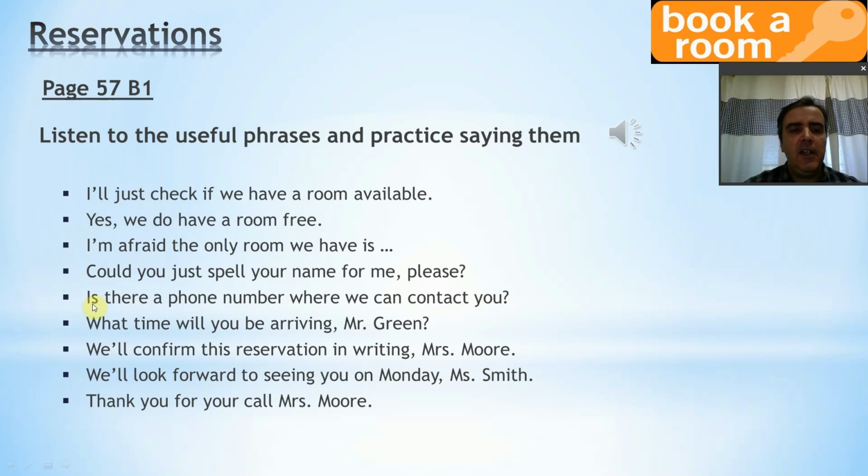For example, here, we don't say, what's your phone number? We're making a much more formal English question. Is there a phone number where we can contact you? So this kind of language is always going to be useful when we are reserving rooms, also when we're checking people in as well. So again, I think you should listen and practice saying some of these phrases.